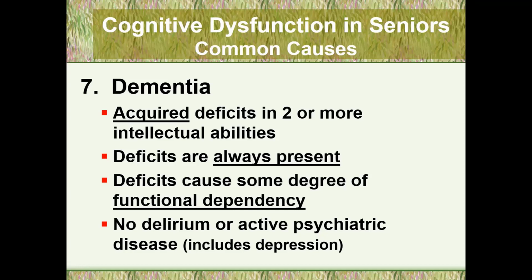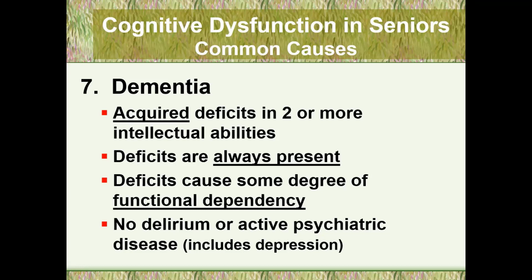So for example, it can be memory and orientation. Those are 2 commonly affected. But these have to be acquired deficits. They used to be normal, but now they're not. So that excludes people who have had cognitive dysfunction all their life, or were born with intellectual disability. The second element of dementia is that these 2 or more deficits are always present. So in contrast to delirium, where it can come and go, dementia stays.